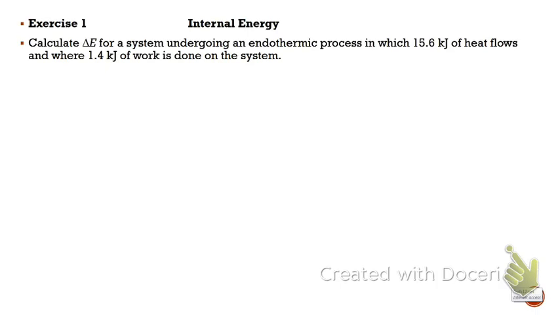Okay. Calculate the work, the delta E, or the energy for an endothermic process. As soon as I see that word, what do I tell myself? Q is positive, in which 15.6 kilojoules of heat flows, and where 1.4 kilojoules of work is done on the system.